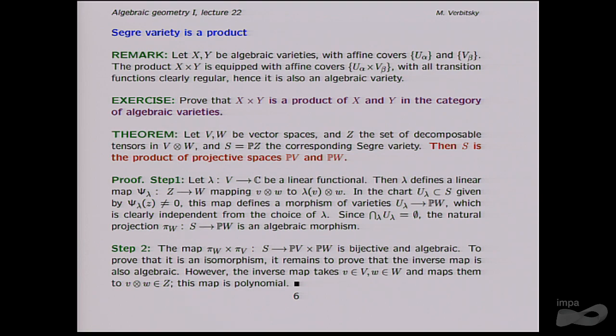It's not hard. If you have a map from Z to X times Y, you can just take the projection. This would give you a map from Z to X. This projection is clearly algebraic, so it's a well-defined map.